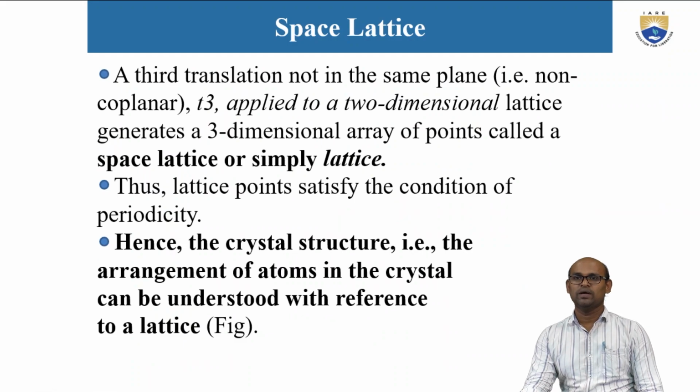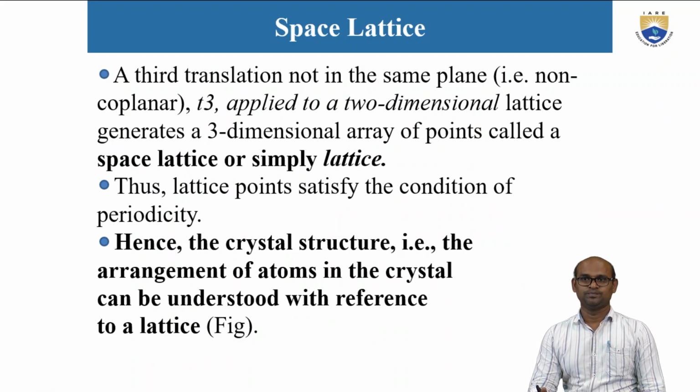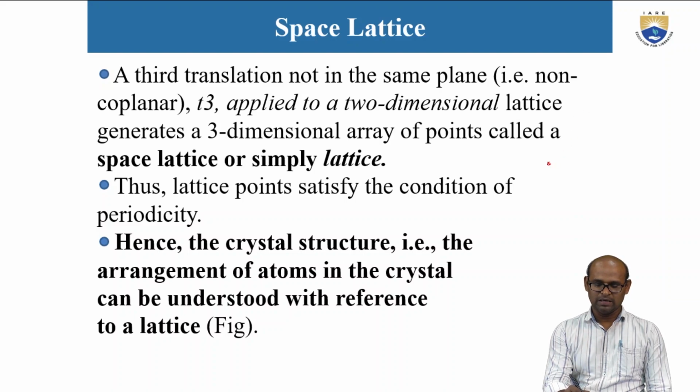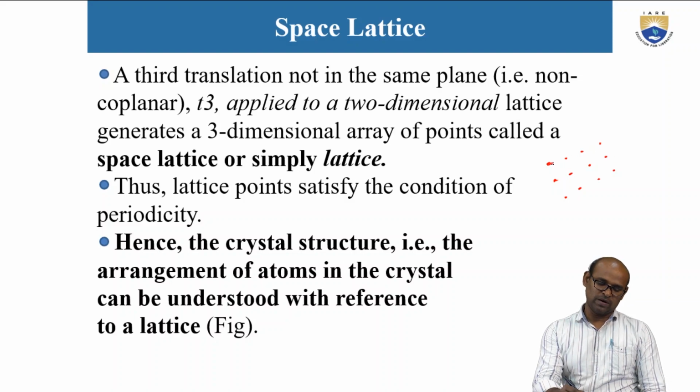Now I am going to apply this translation again, not in the same plane. So I generated first a row of points, and then I applied the translation in another direction, so I've generated a plane.